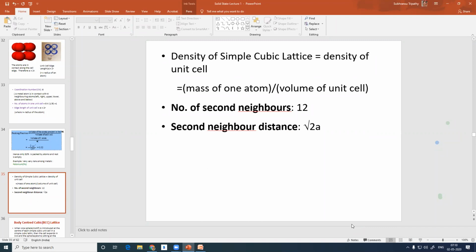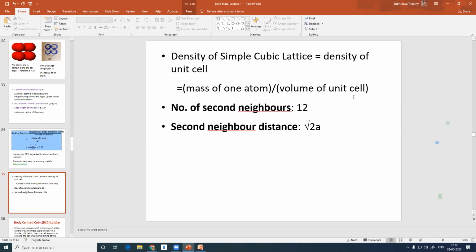And one more thing we didn't write, to find the density of such a kind of a thing is just to replace the numerator by mass. In packing fraction, it was volume of one sphere, but here that will be mass of one atom by volume of the unit cell. That will give you the density of the unit cell, and the density of the unit cell is same as the density of the entire crystal, because the crystal is just a repetition of the unit cell.